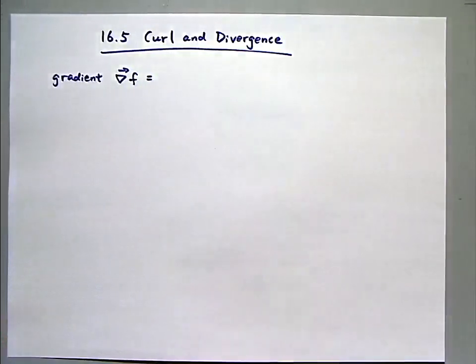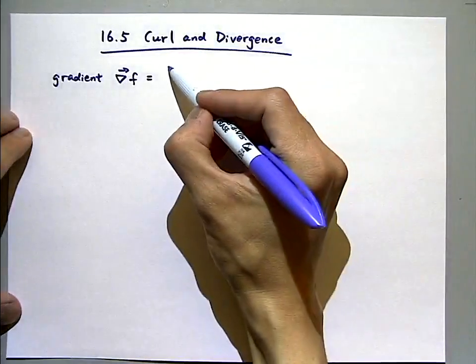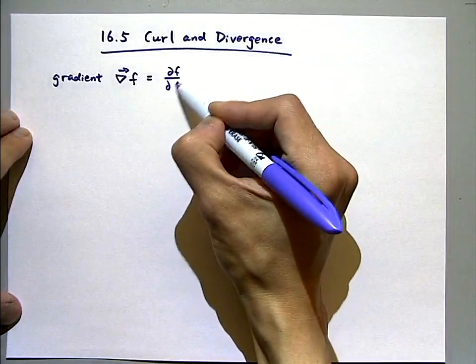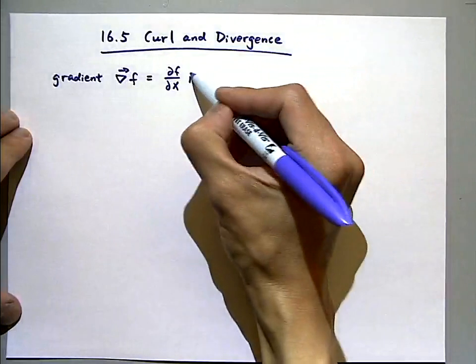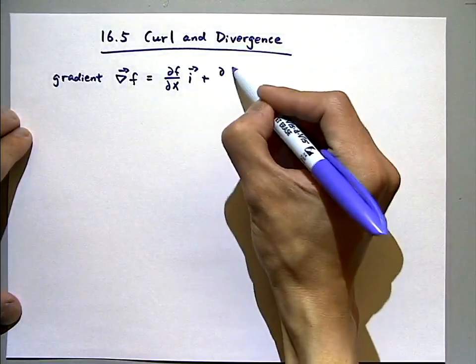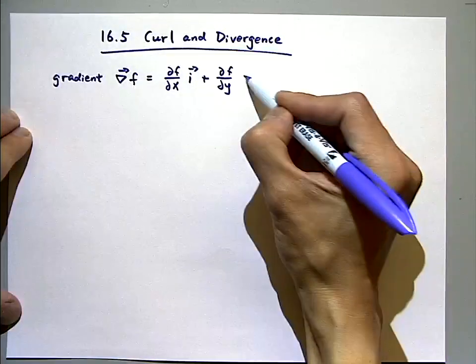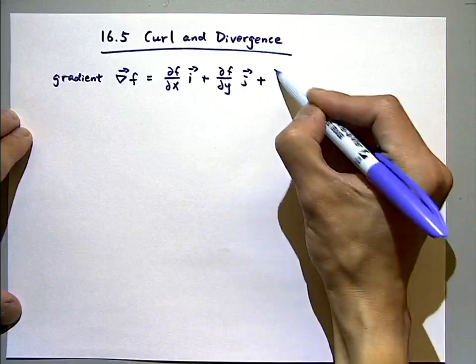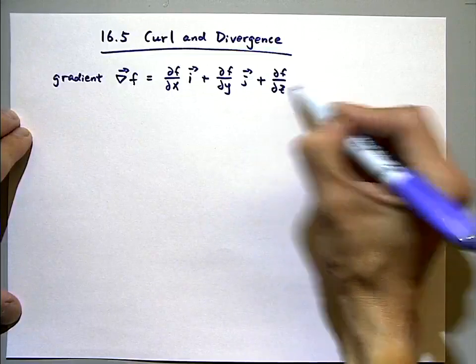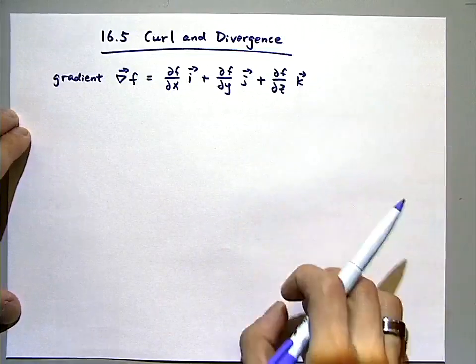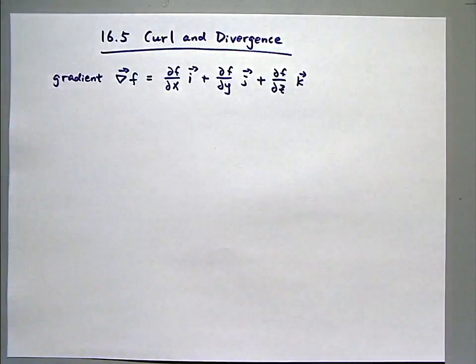Now remember, if you take the gradient of a scalar field, you get the partial derivative of f with respect to x in the i component plus partial f partial y in the j component plus partial f partial z in the k component. Okay, so we know this already.